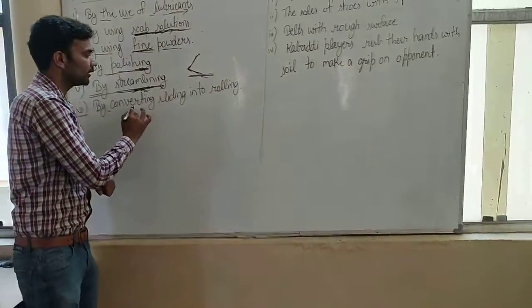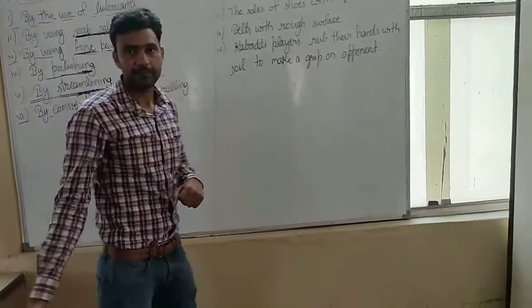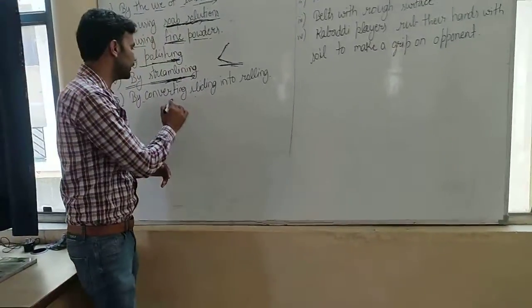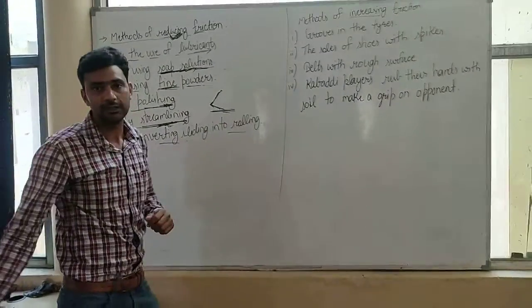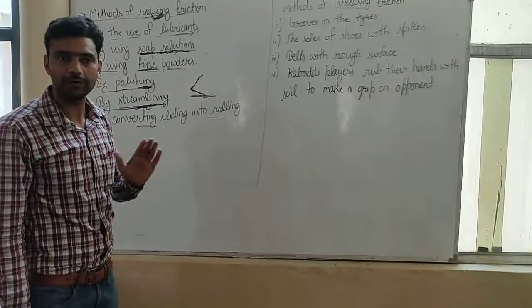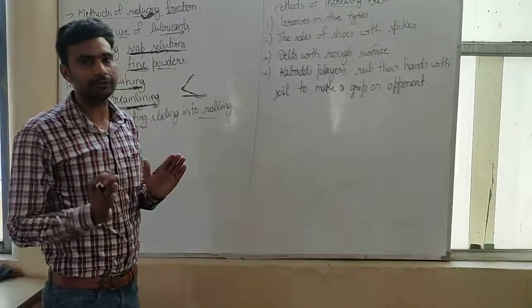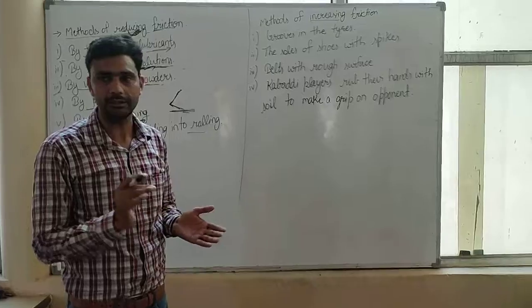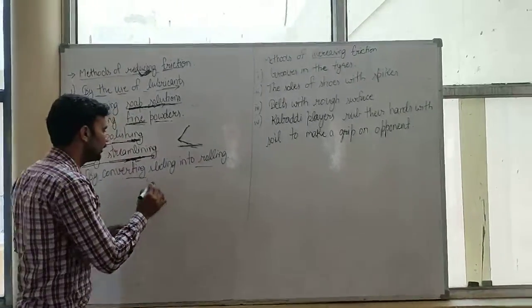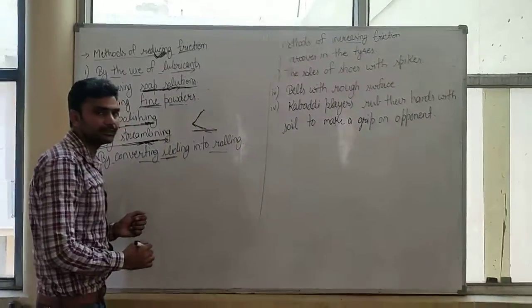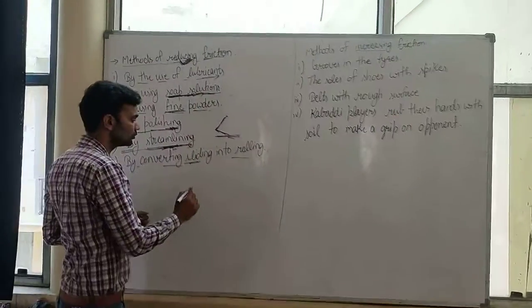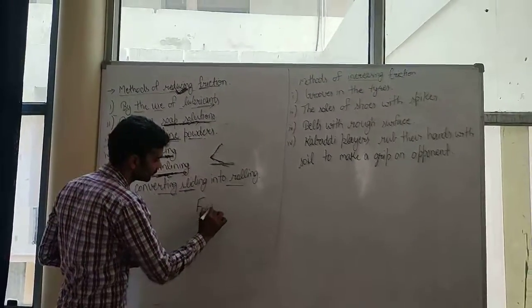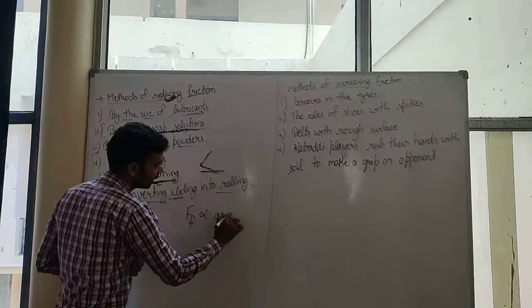Next, by converting sliding into rolling. When we convert sliding friction into rolling friction, the friction will reduce. How will the friction reduce? Because when we convert sliding into rolling, the area of contact will decrease, and when the area of contact decreases, then friction will also reduce, because frictional force is directly proportional to area.